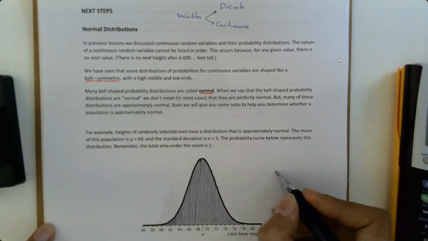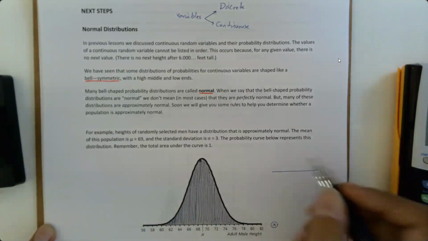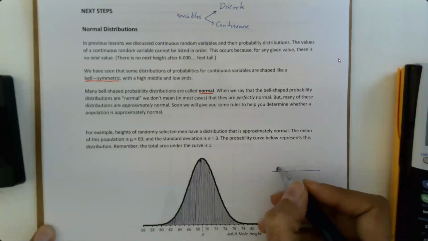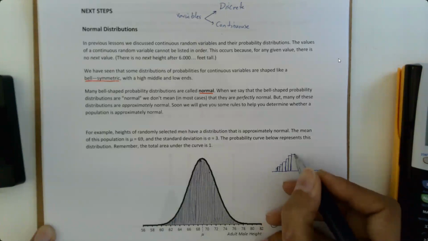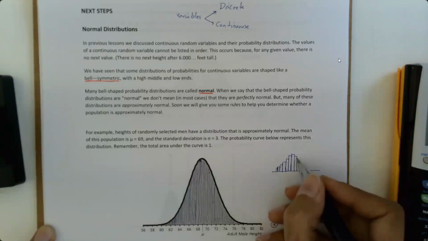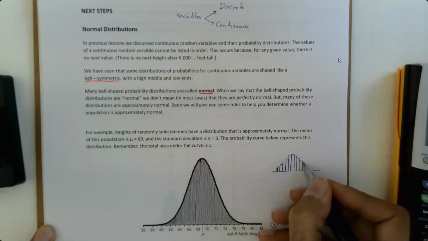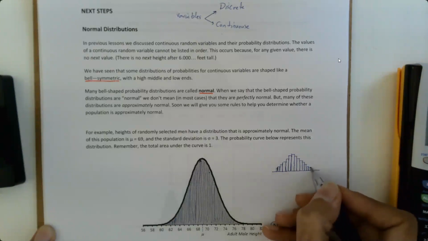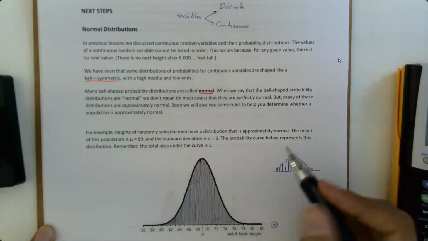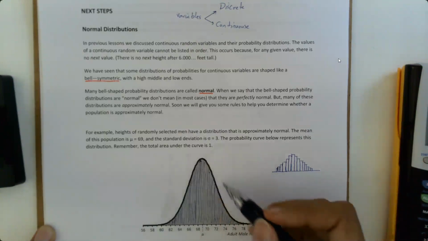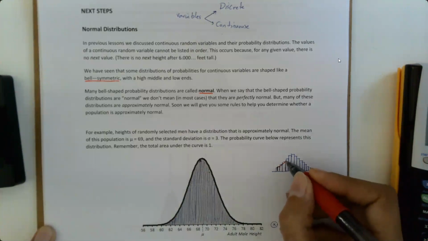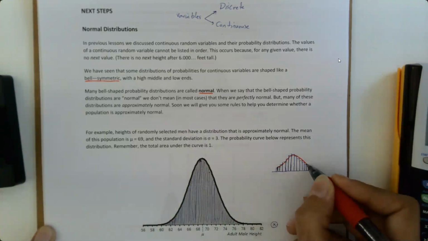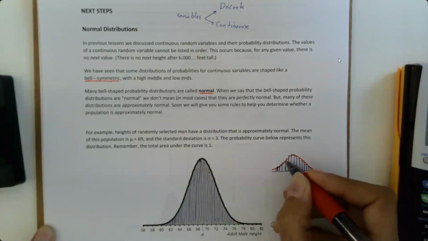When you have a discrete random variable, you have these bars representing your probability distribution. But for a continuous random variable, these bars are getting very small, so the graph behaves like this. For a discrete random variable, you might connect these together and form this graph.